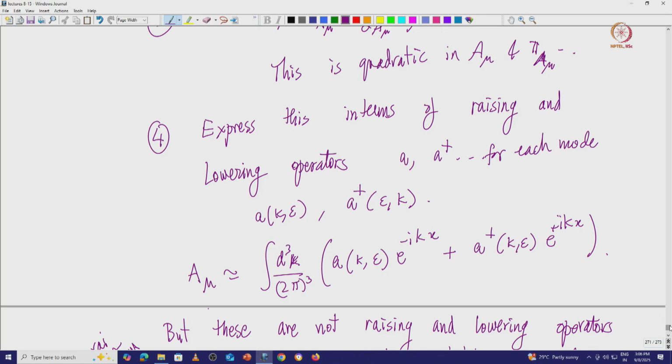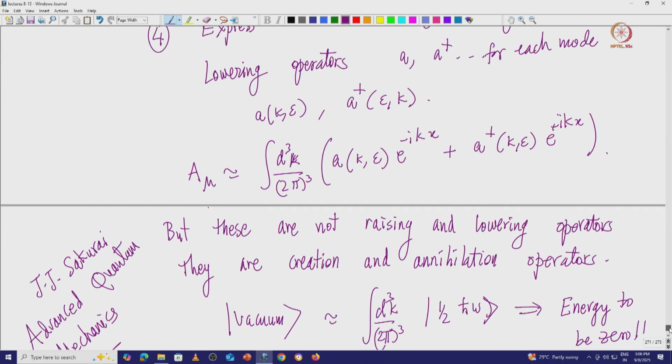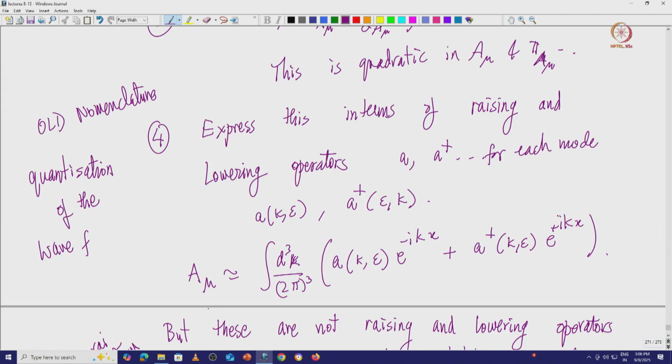Now, the point is that what you did was you started with a solution and then you put it back and interpreted it in terms of particles. In the old days it was called quantization of the wave function, and that is the reason why it is called second quantization.